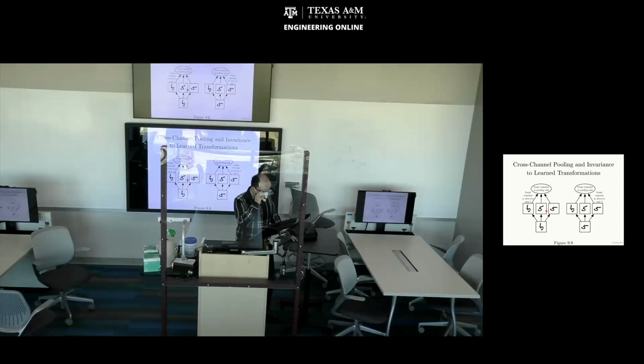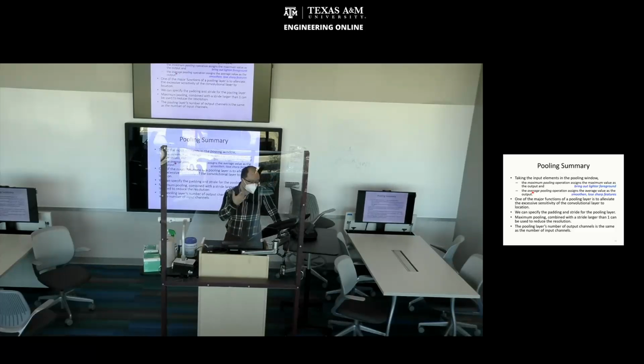In this case, there's a large response in detector unit 1 here. And in this case, you have the large response in detector 3 here. So these different detectors are like different channels. Then you can actually pool them together, for instance, max pooling across the channels, and you get the same large response in the pooling unit.